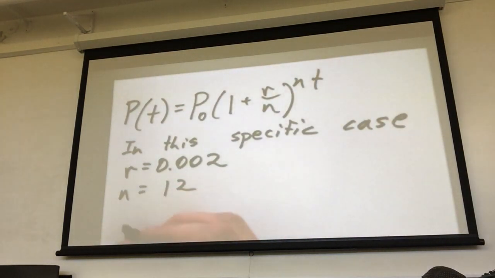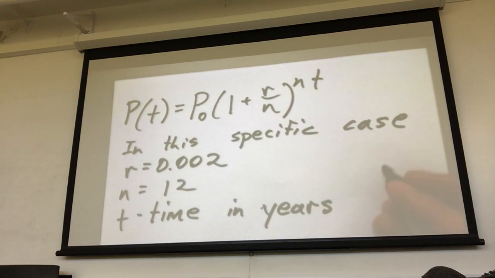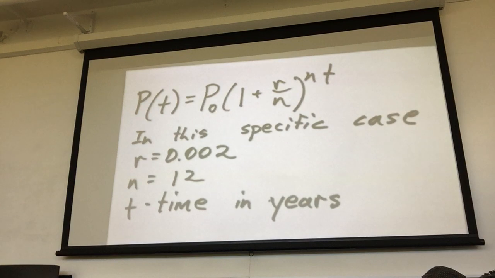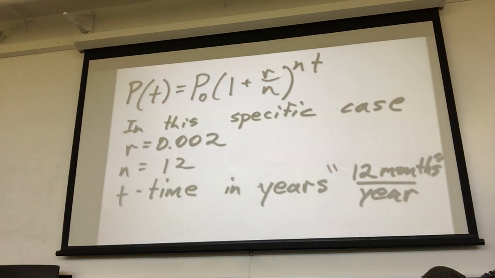Okay. Then T would be time in years. And so why would this one become important? Because, well, there's 12 months per year.